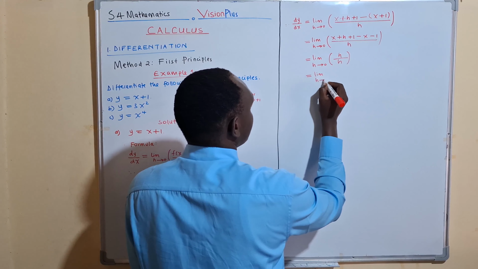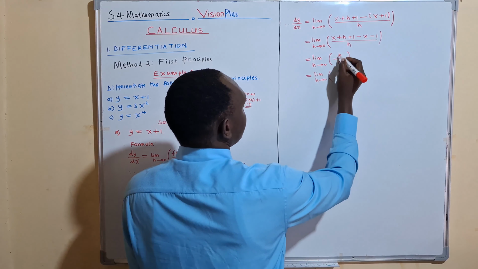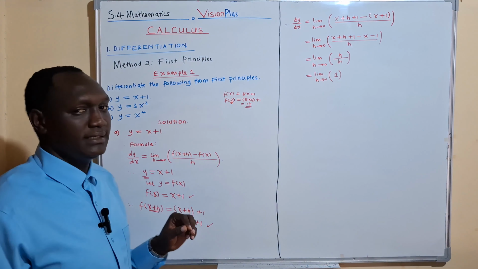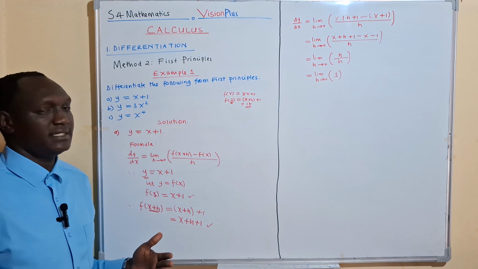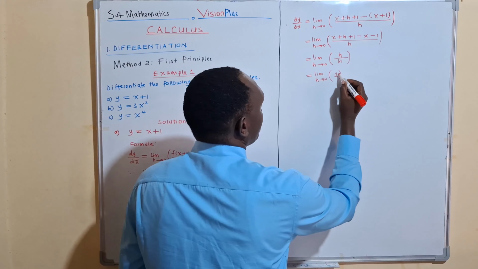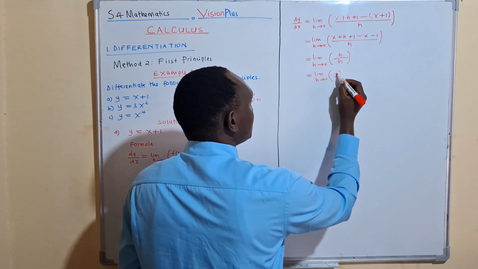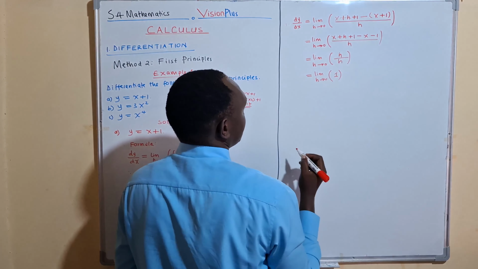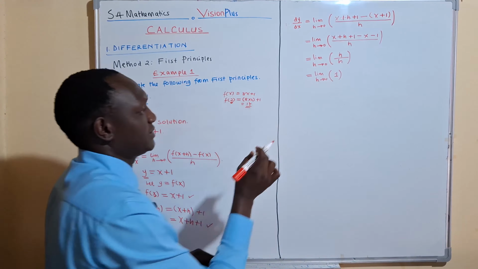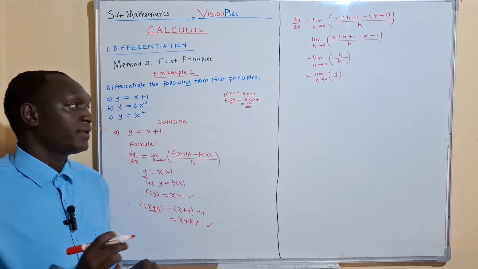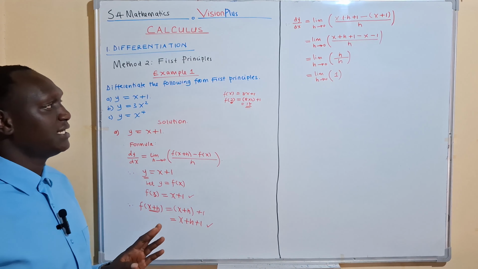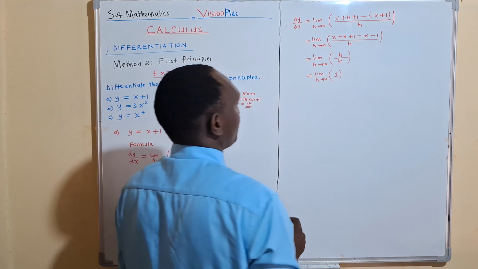Limit as h tends to 0. What is h divided by h? It is 1. If you look at that 1, it is independent of h. This one here is not attached to h. So whether h becomes as small as 0, it doesn't affect the value 1 because it is independent of h.